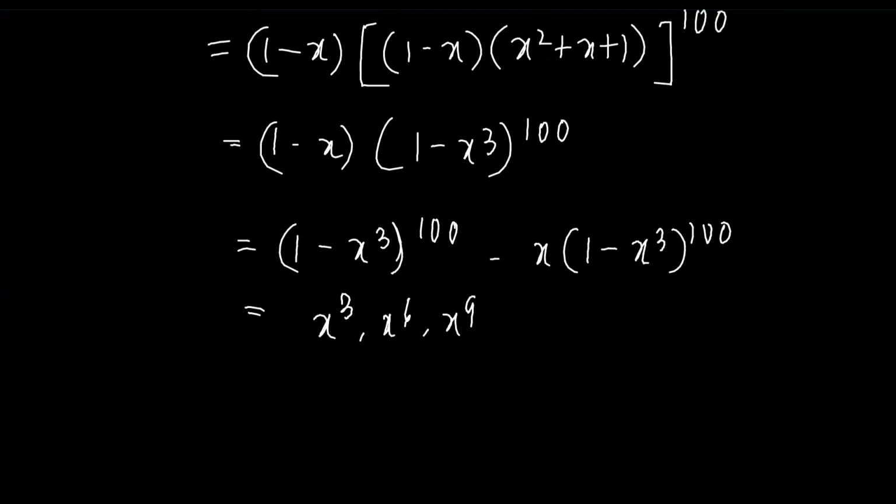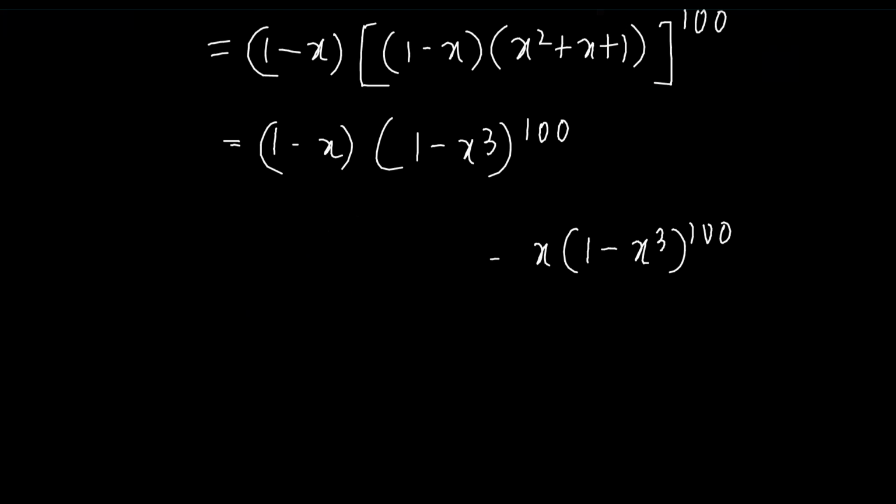All these are multiples of 3, but we have to find the coefficient of x to the power 256, and 256 is not divisible by 3. So this expression will be cancelled. From this we will not get any coefficient of x to the power 256. Okay, so we will remove this.